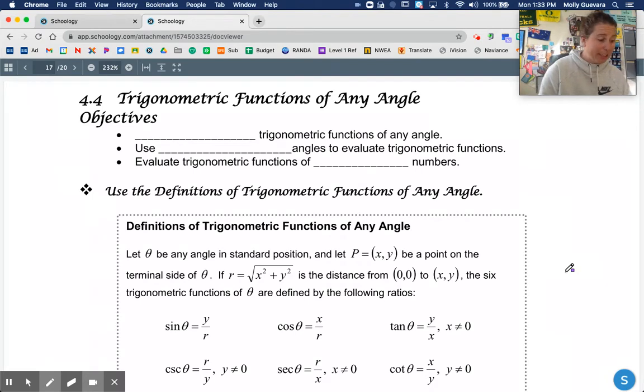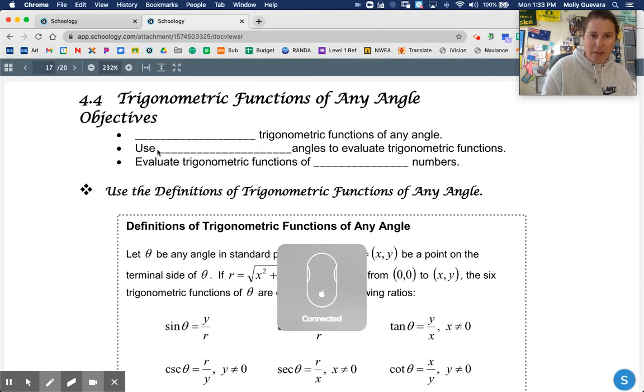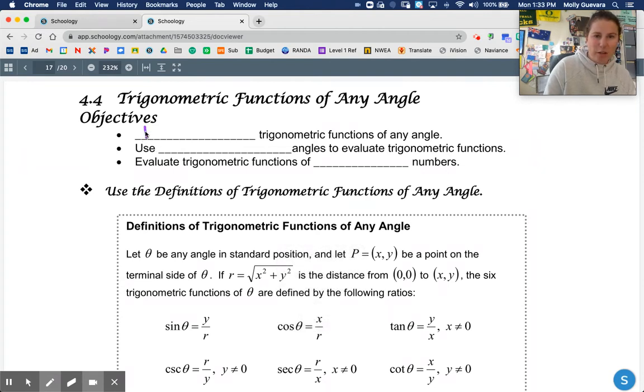Okay, we have 3 objectives today. The first objective is we are going to evaluate trig functions of any angle.